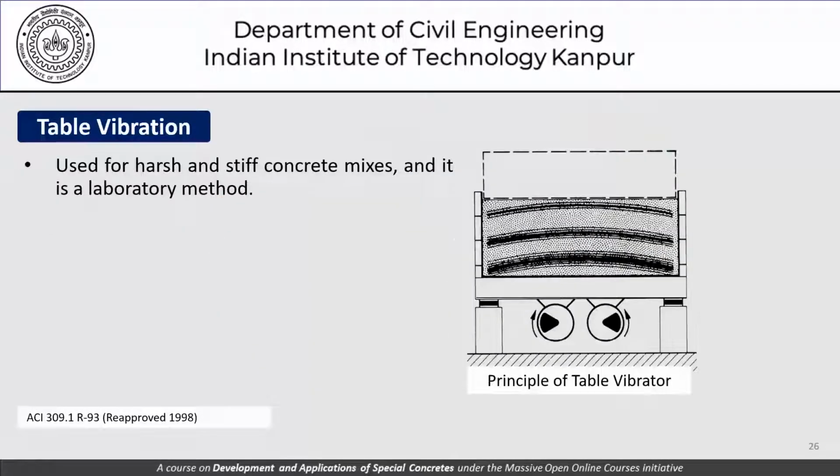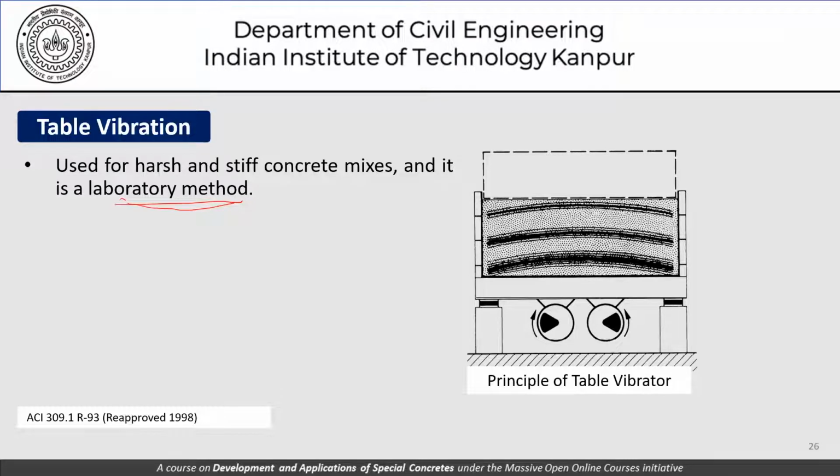Then we come to table vibrations. Now these table vibrations are used for harsh and very stiff mixes, again in the laboratories. Those of us who have worked in the laboratories would know that mortar cubes, concrete cubes at times, are all placed on a vibrating table and consolidated by switching the table on for a certain amount of time.